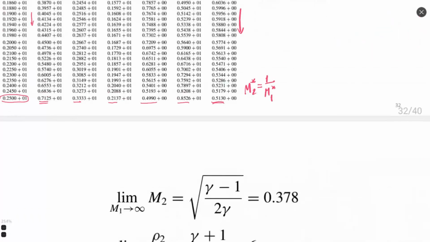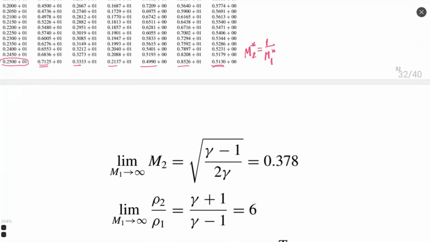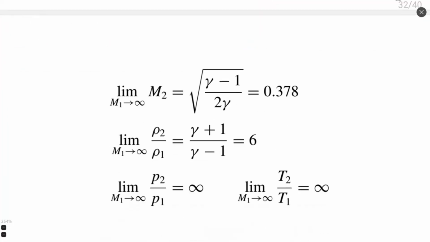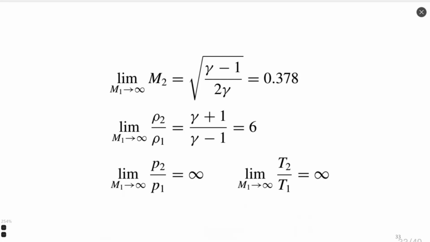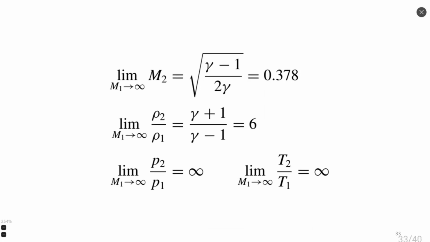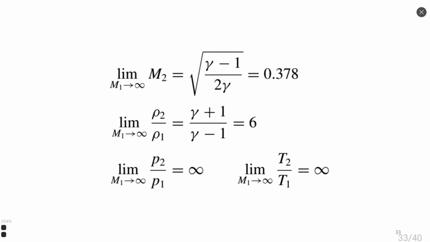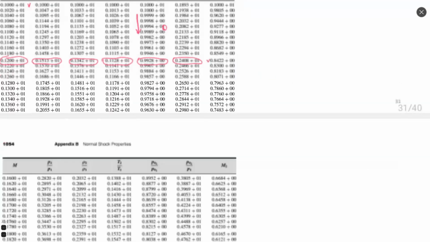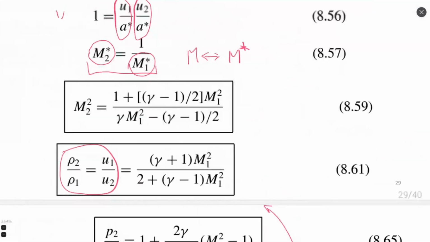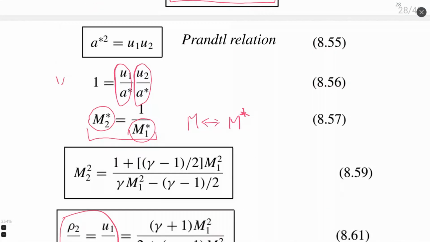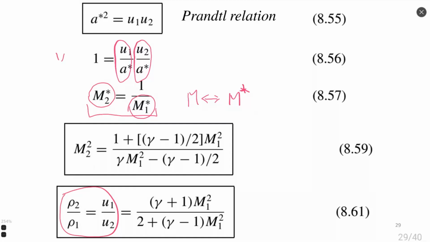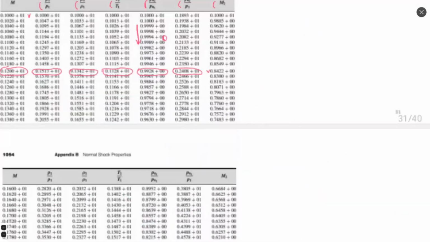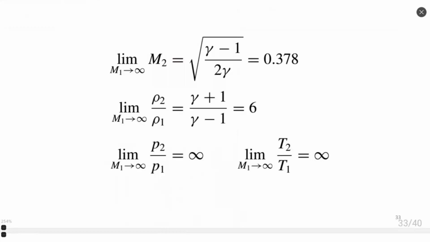Let's go back. We will see another important quantity: a limit. What can be a limit of a normal shock wave? When we analyze the function of Mach number change before and after the shock wave, this equation 59 relates Mach number after and before the shock wave. If we put infinite values on M1, we can have a limit on the value of M2.